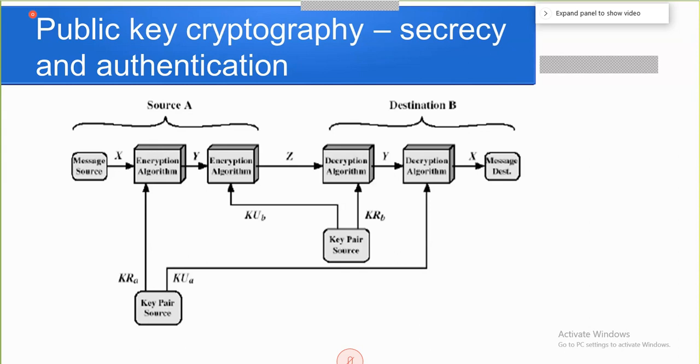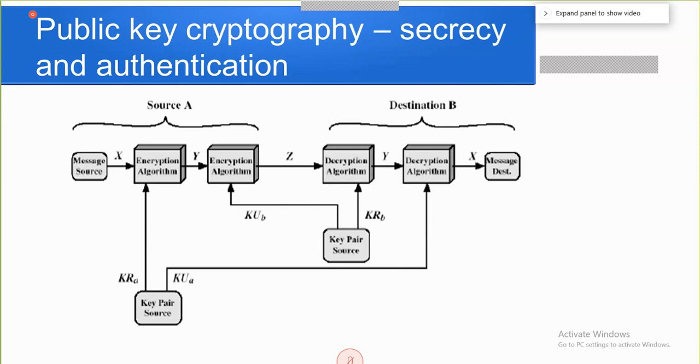It needs the private key of B, but the private key is available only to B. Others, that is C, D, E, F, G, etc., are seeing the message Z, so nobody else is able to see the message Y. If they got Y, they would be able to decrypt Y back to X. So here it ensures confidentiality.